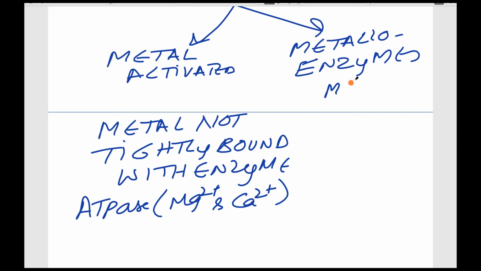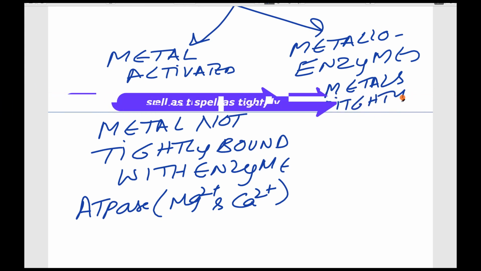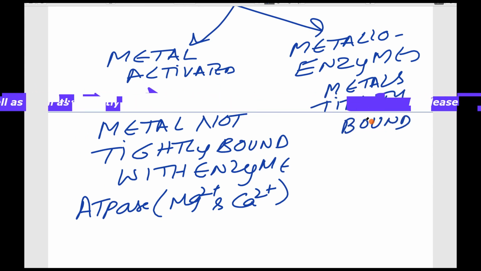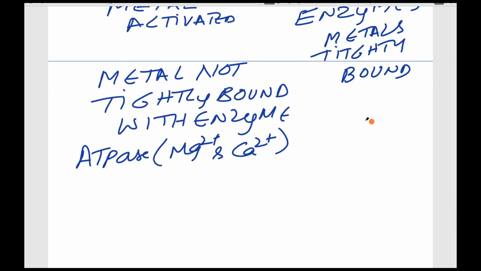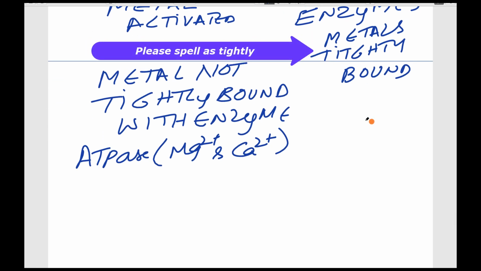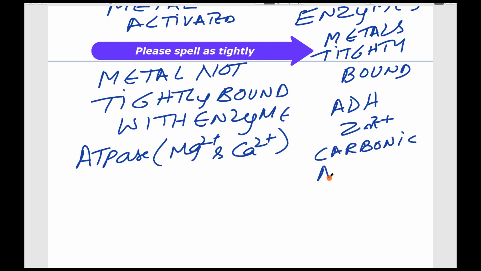In metalloenzymes, metals are tightly bound. That means removal of this metal from the enzyme will denature the enzyme and affect the enzyme structure. Alcohol dehydrogenase contains zinc 2+. Carbonic anhydrase also contains zinc.